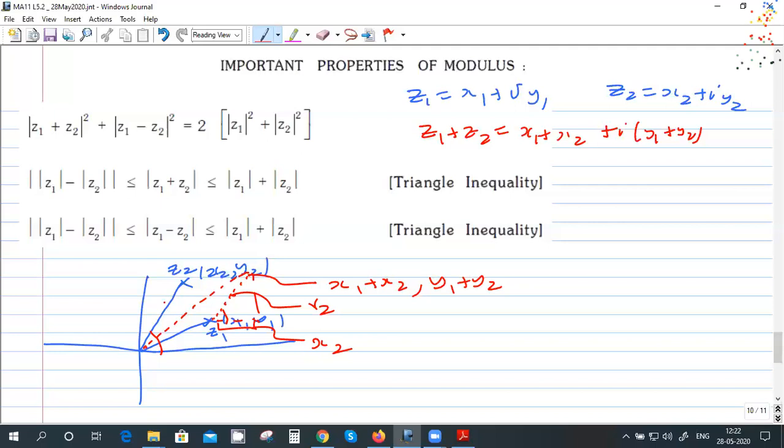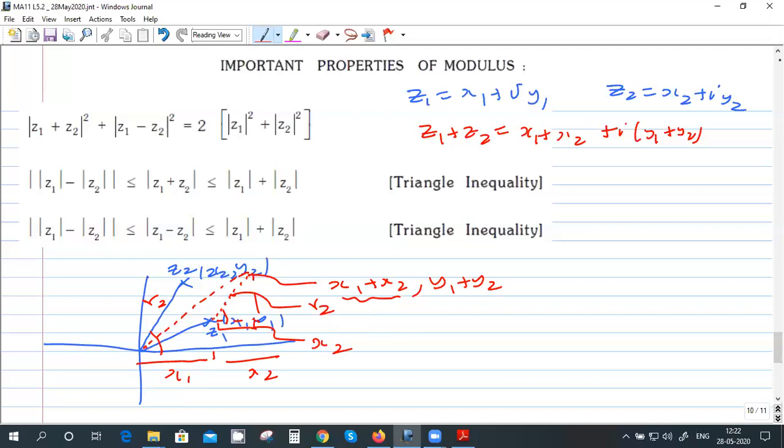This length is r2. I'm just transporting the length parallelly. The projection of this length along the horizontal direction will be r2 cos of whatever the angle is, and that will be x2. So this length is x1 and this length is x2, so the total length will be x1 plus x2. That is why the x coordinate of this point is x1 plus x2.